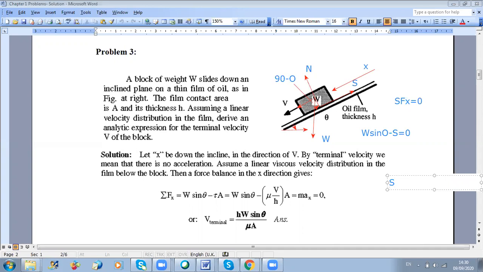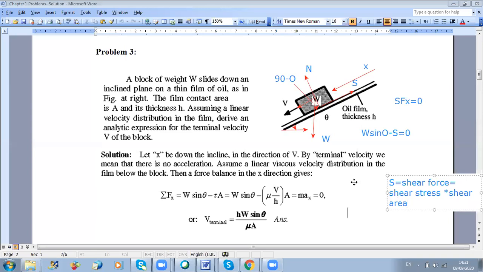S is the shear force, and it is equal to the shear stress, which is tau, times the shear area. So let us find the expression of the shear stress and the shear area.